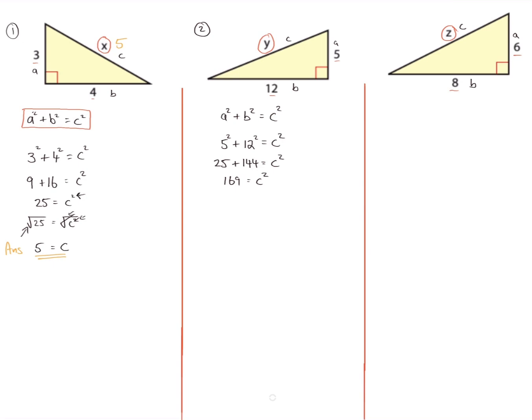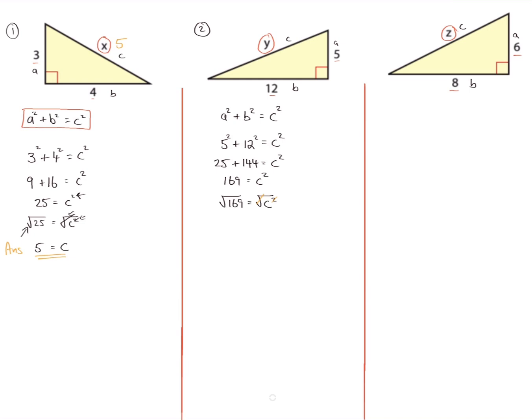I want to get rid of the squared, and I want to get rid of the c squared. I want that just to be c, the letter c. And I do that by finding the square root of both sides. And like before, like in the last question, this square root and this squared, they cancel each other out because they're opposites. So for this, you'll need to go to your calculator unless you've got very good mental math.